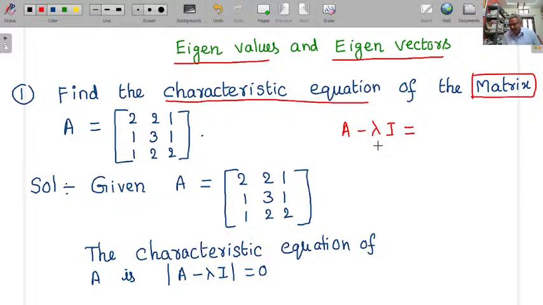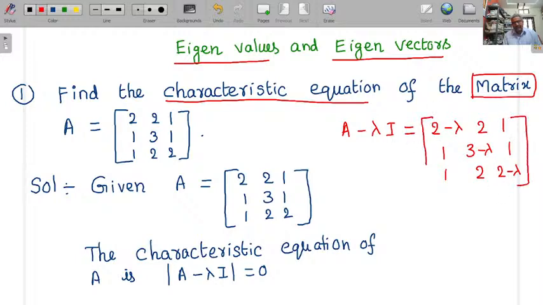So we get the characteristic matrix: 2 minus lambda, 2, 1; 1, 3 minus lambda, 1; 1, 2, 2 minus lambda. We need to find the determinant of this characteristic matrix and equate it to 0, and on expansion we shall get the characteristic equation.